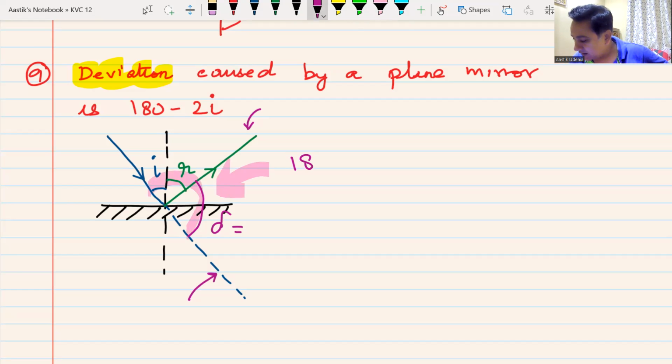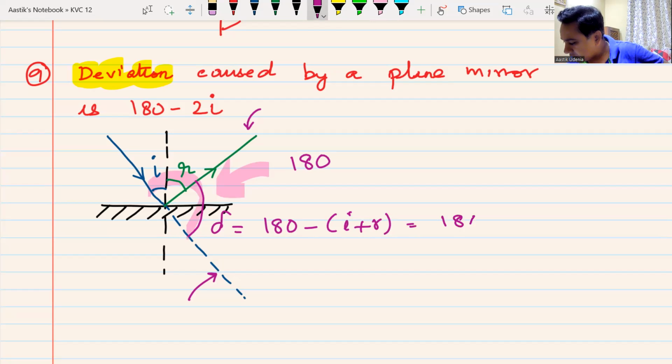Then 180 minus, if you do I plus R, you will get the angle of deviation. But I is equal to R, so instead of R, you can write I. So you can write it as 180 minus 2I. If you wish, you can also write it as 180 minus 2R.